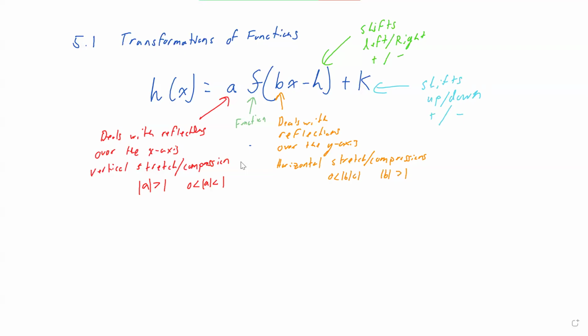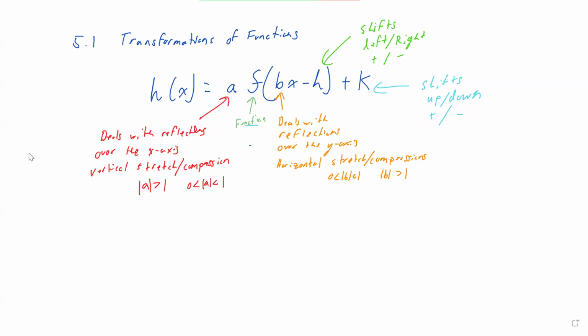So I want to make sure I got it all. So I got the horizontal, got the reflection, got the vertical shifts, got the stretching or compression of vertical. And then horizontal.